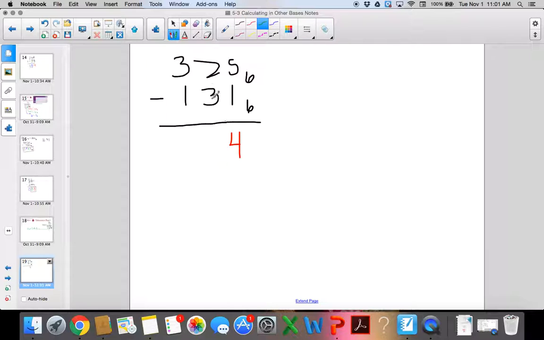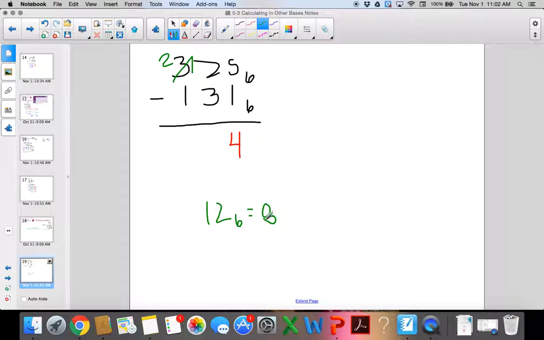However, 2 minus 3 does create a problem. So we're going to go ahead and borrow over here, but you really need to think through. This is 1, 2 base 6. So 1, 2 base 6 is 6 plus 2, or 8.